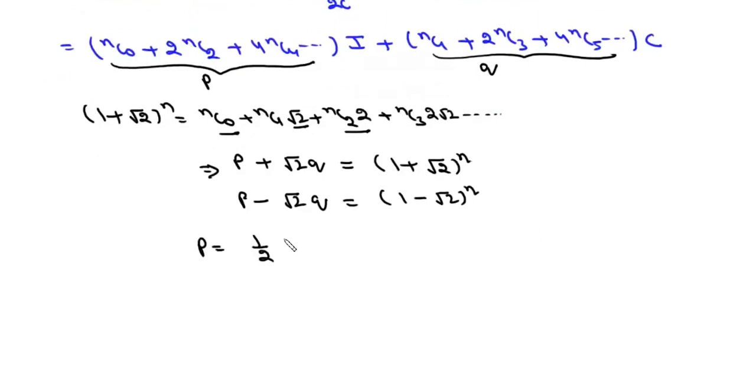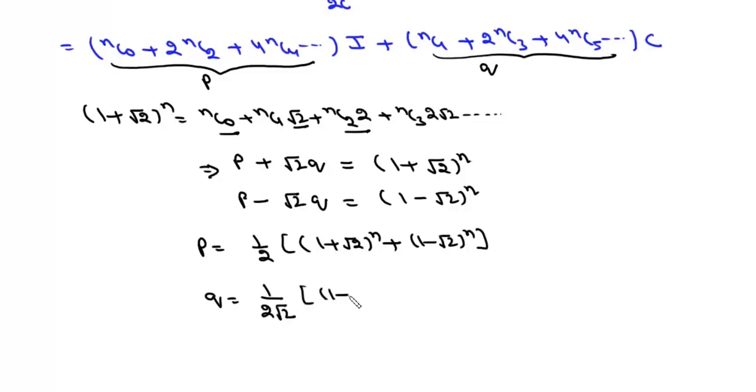So we'll get this P as 1 by 2 into (1 plus root 2) to the power n plus (1 minus root 2) to the power n, and if we subtract them, we'll get this Q as 1 upon 2 root 2, and then it'll be (1 plus root 2) to the power n minus (1 minus root 2) to the power n.